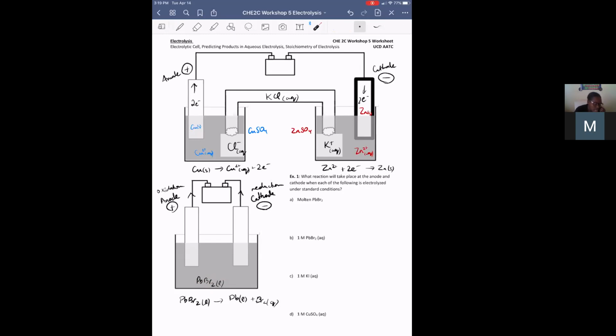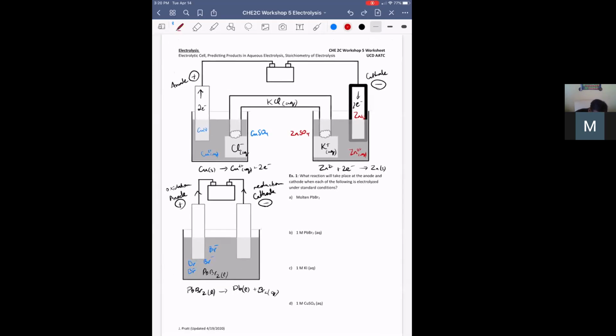And we want to think about which ions will be attracted to which electrode. If our anode is positive, then our negative ions would be attracted to that electrode. So we can put all of our Br minus ions surrounding our positive electrode. And then our positive ions will surround our negative electrode, our cathode. So now we'll have lead 2+ and lead 2+.